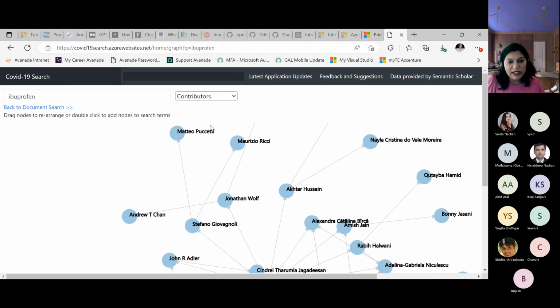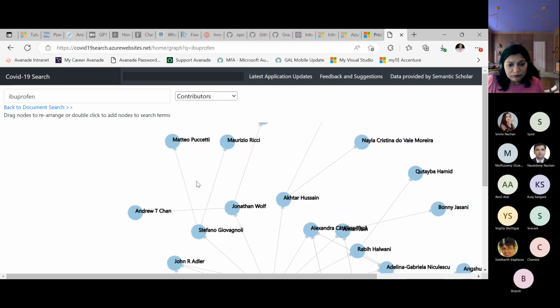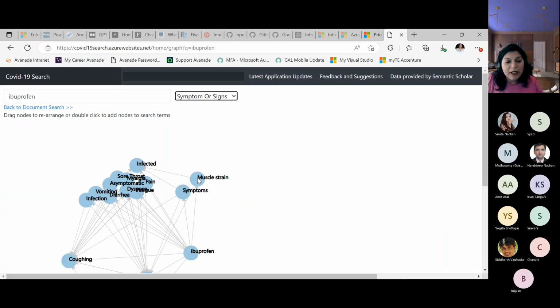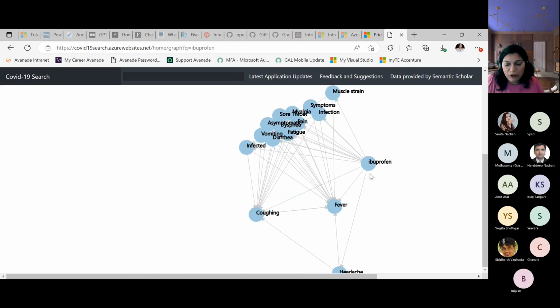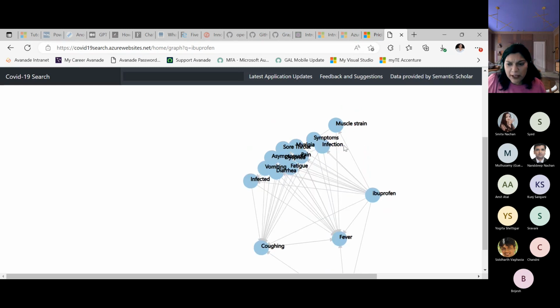Okay, let us drill down and go to symptoms or signs. Okay, symptoms or signs which are treated by ibuprofen, you will be able to drill down on that, right? So you will be able to see that ibuprofen is treating fever and coughing and headache and fatigue and infection, muscle strain, and some could be direct relationships, some could be indirect relationships.